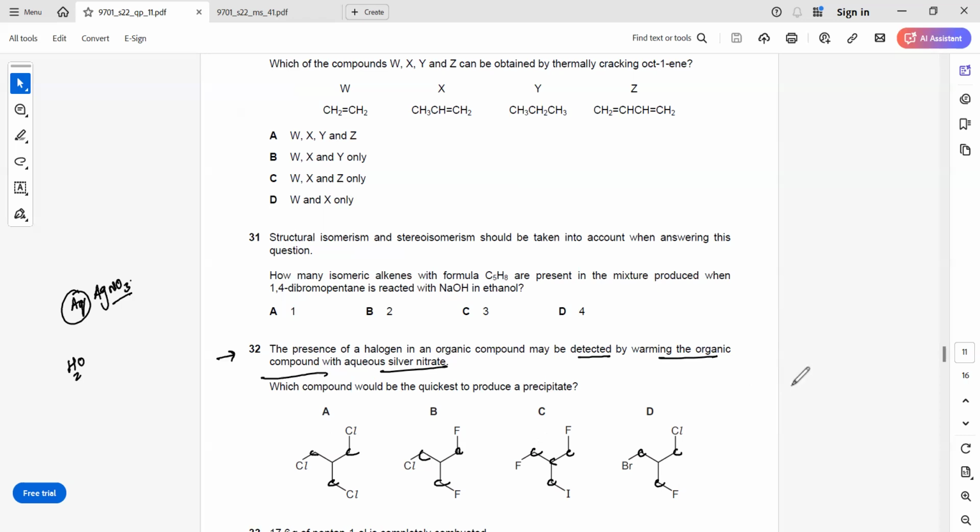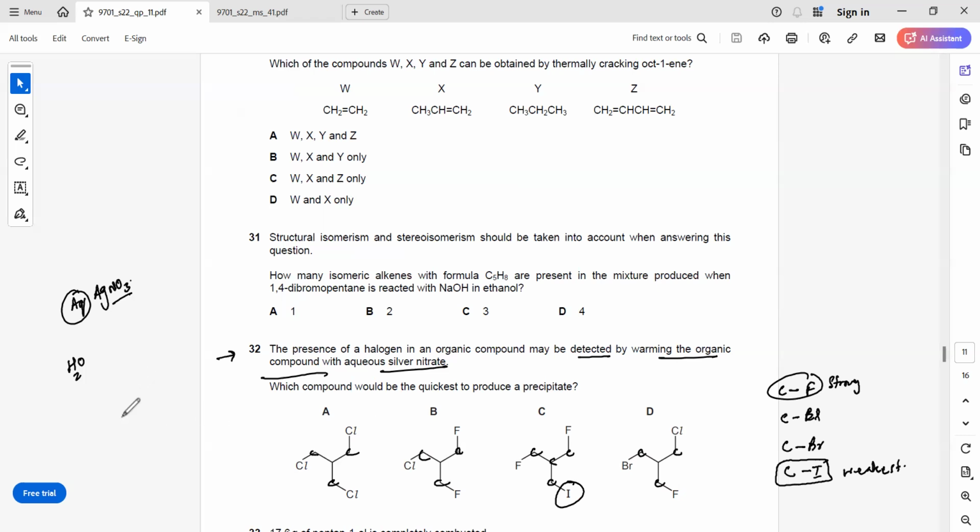If you remember the reactivity of these halogenoalkanes, it depends on the bond energy: CF, CCl, CBr, and CI. So CI has the lowest bond energy. It means this bond is the weakest among them, and this bond is strong, having high bond energy. The one which is weakest will break first. So in these examples, we can see this one will break first.